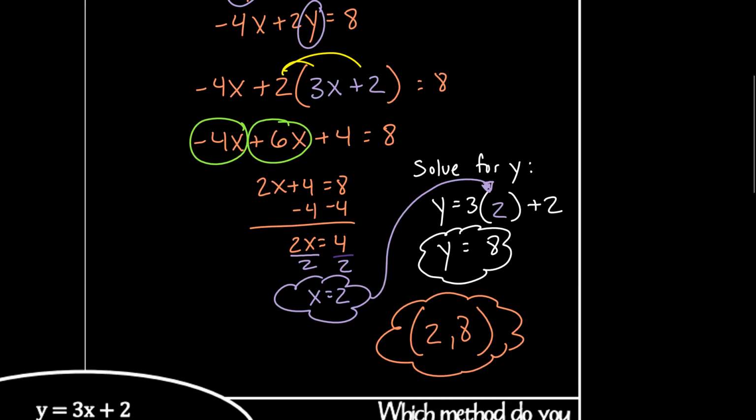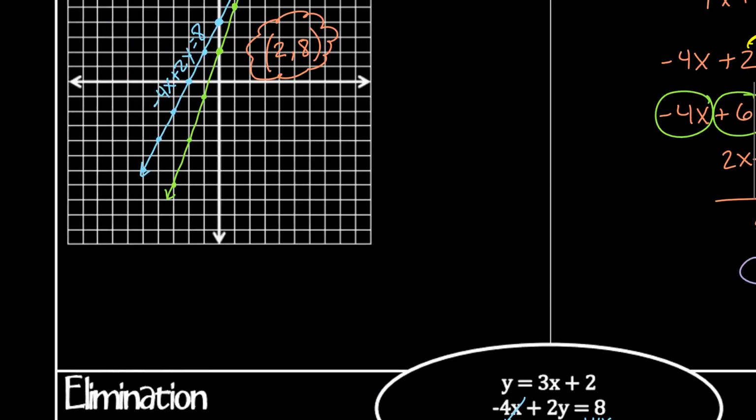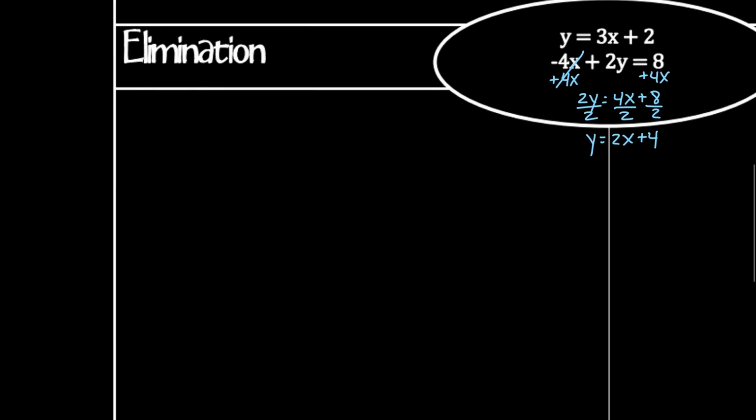Elimination is where it gets a little, not tricky, just different. So again, I want you to write the equations. Y equals 3x plus 2 and negative 4x plus 2y is equal to 8. What do you think our goal is if this process is called elimination?